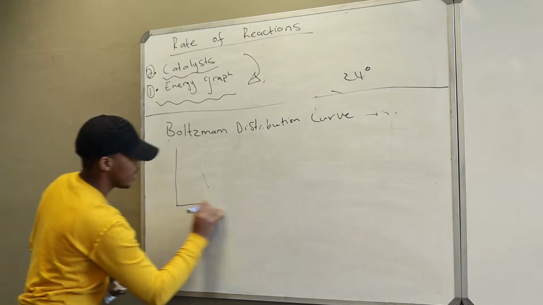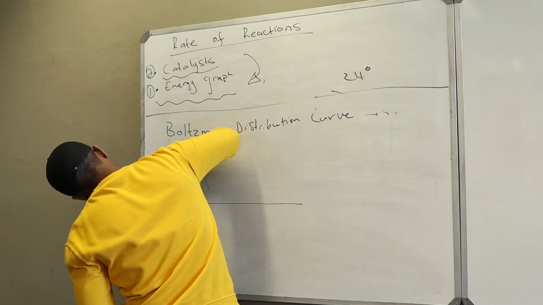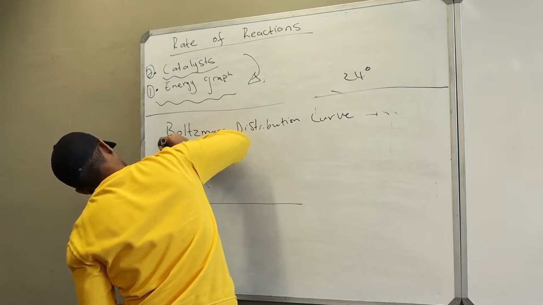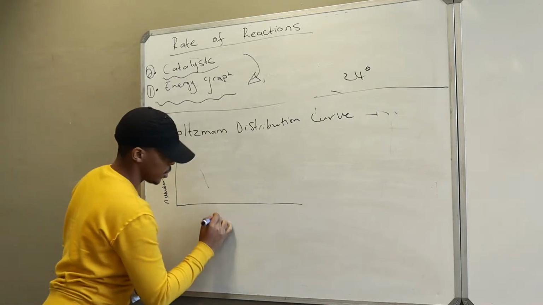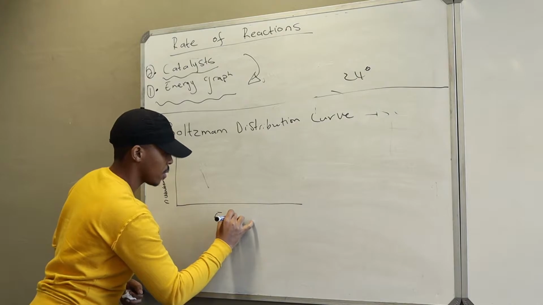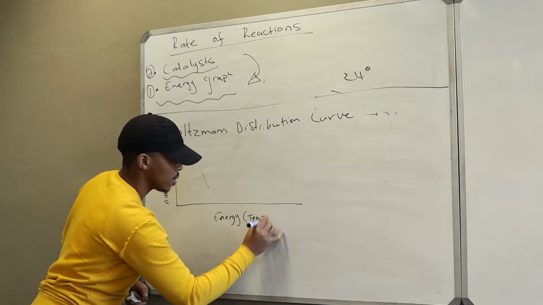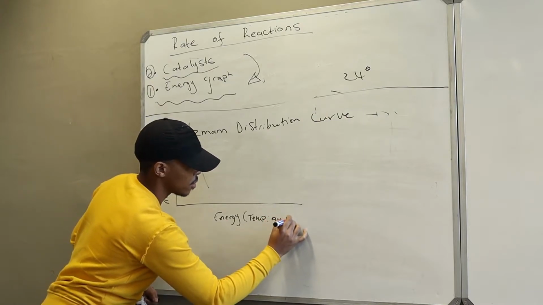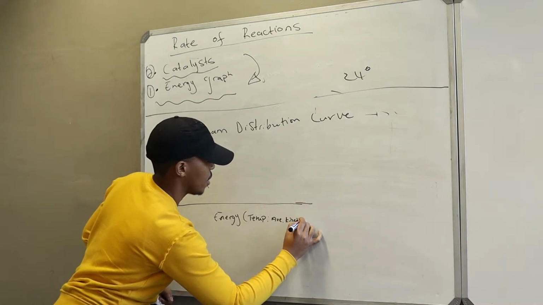Let's draw it quickly. Here we have number of particles, and here we have energy, which is temperature, which is basically the average kinetic energy.